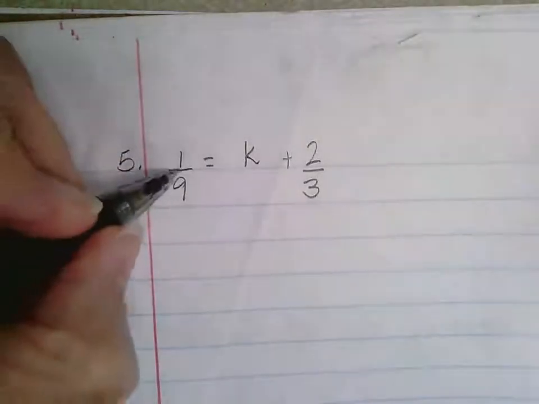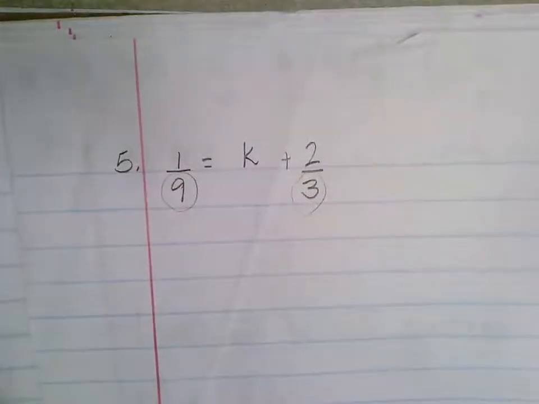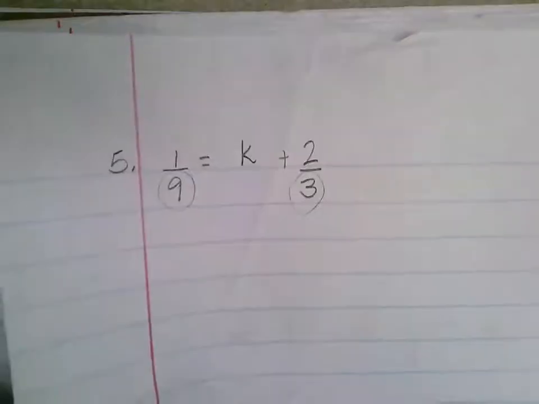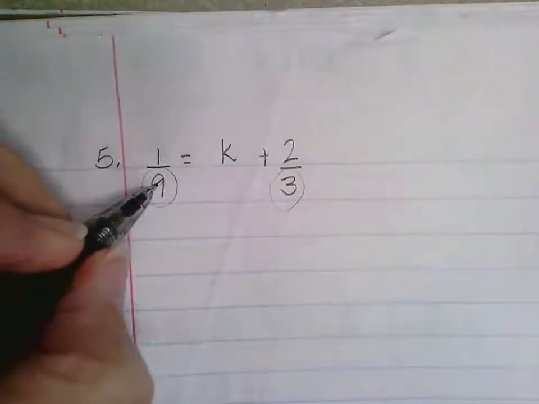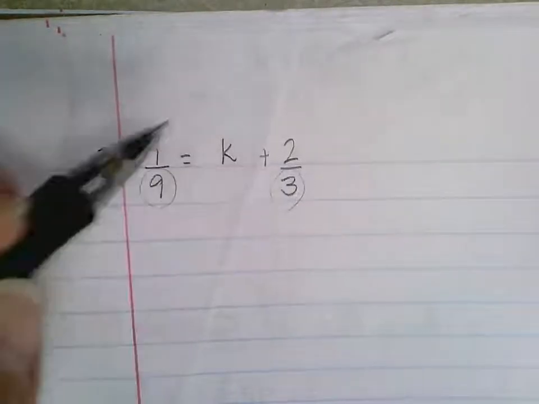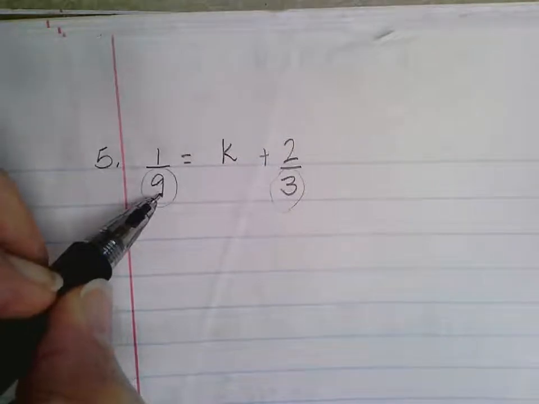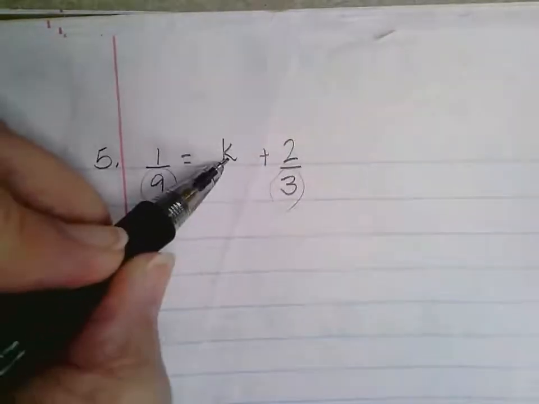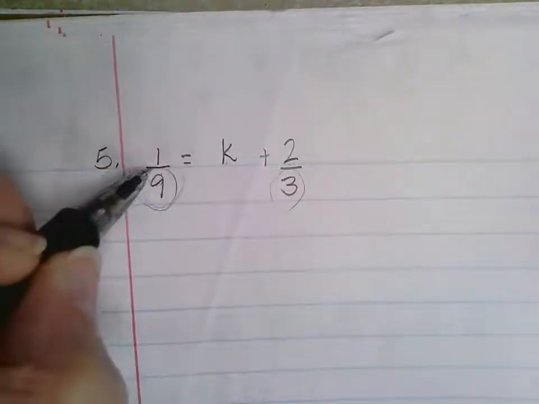So here I look at my denominators. I have two fractions, and I want to find the least common denominator to use with these. So again, I start with my largest one. And I ask myself, is 3 a factor of 9? Well, yes, it is. So what I'm going to be multiplying every single term by in the whole equation is 9.